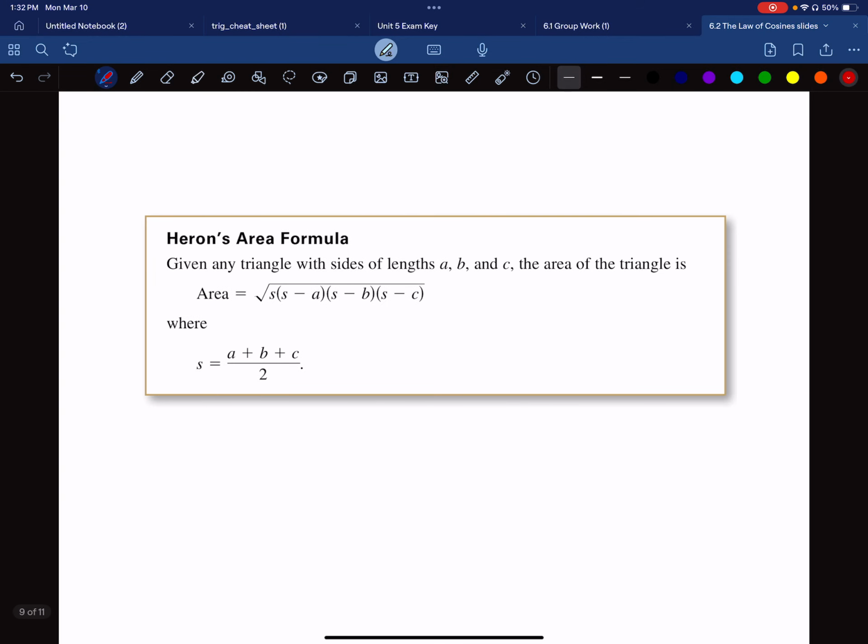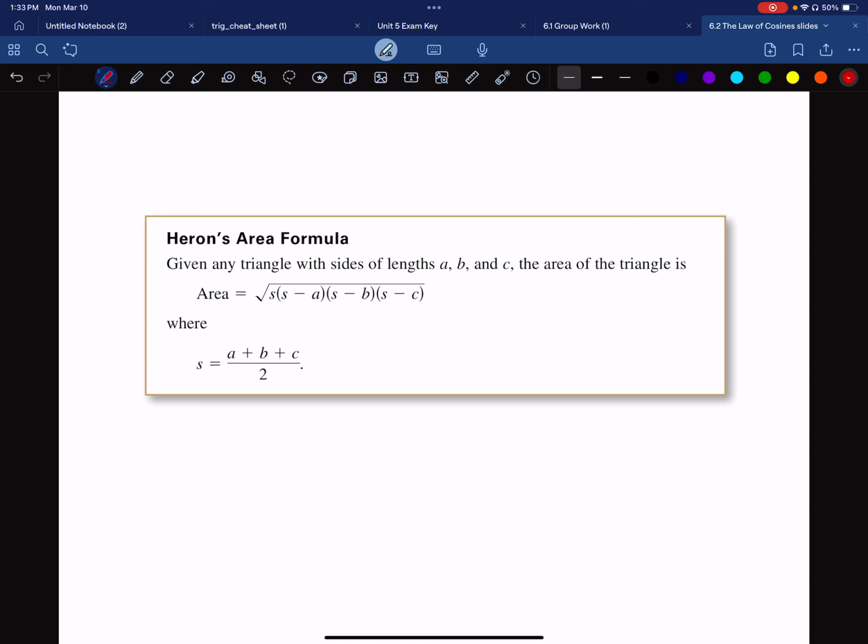All right, just one more. Just like the law of sines produces an area formula, the law of cosines also produces an area formula. It's named Heron's formula, after Heron of Alexandria around 10 AD.